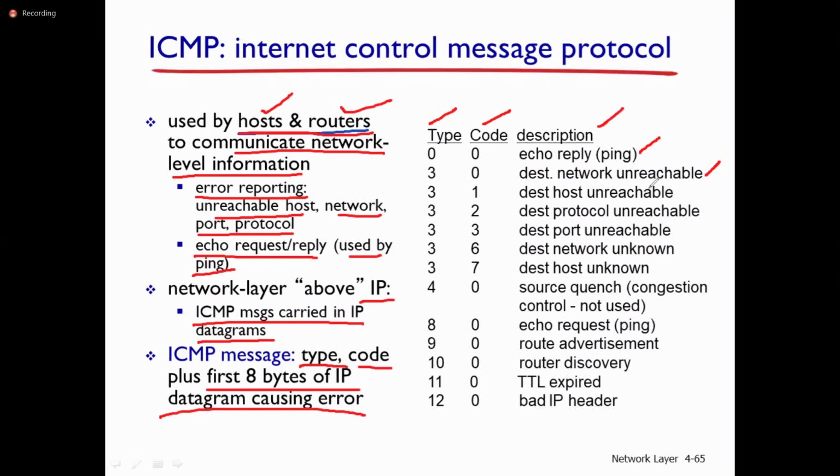If code is 1, destination host is unreachable, then destination protocol unreachable, destination port unreachable, destination network unknown, destination host unknown. Those are classified using the type and code of the message.